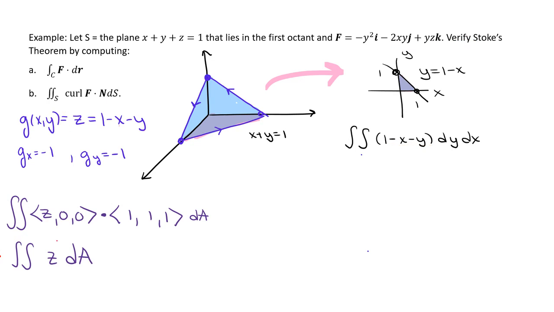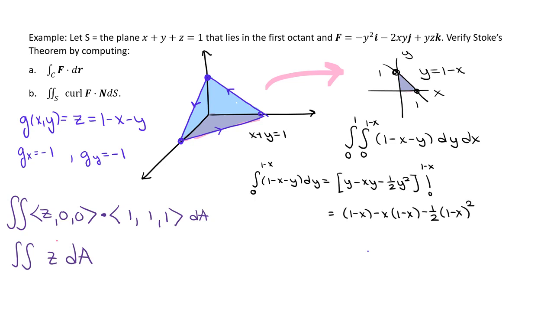All right, so that's the first thing we're going to do. And then we're going to set up our integral to integrate over the area of this region. So if I want to do the y's first, the y's go from 0 to 1 minus x, and the x's go from 0 to 1. All right, so this integral, this is our surface integral, and hopefully we get an answer of 1/6, because that's what we got when we did our line integral.